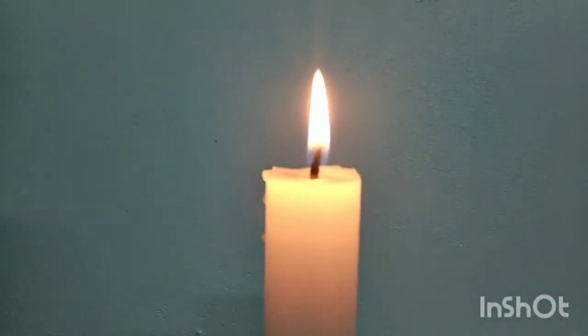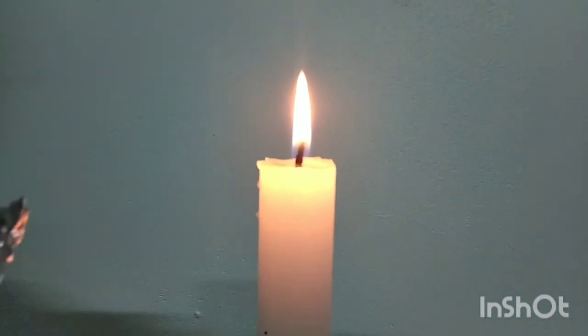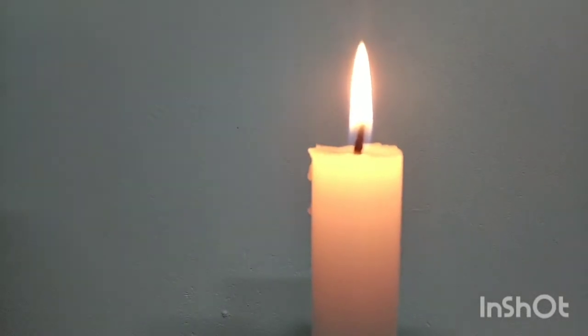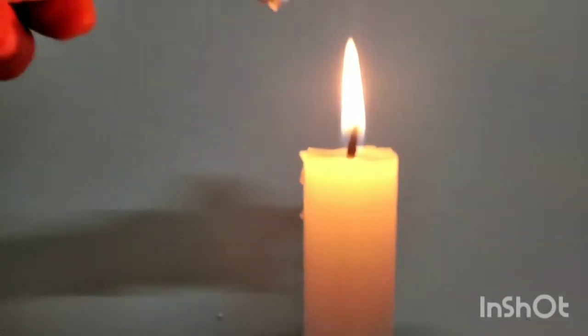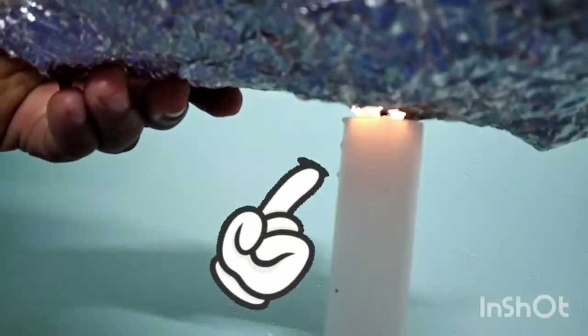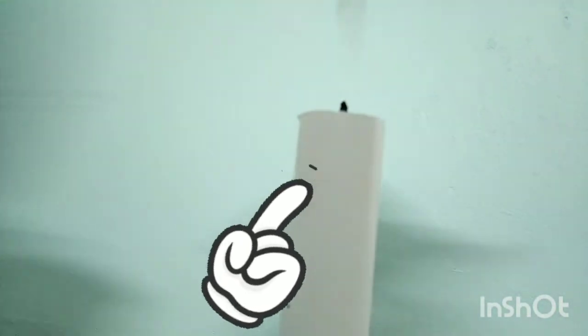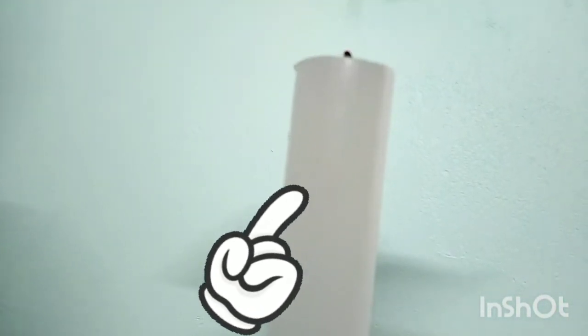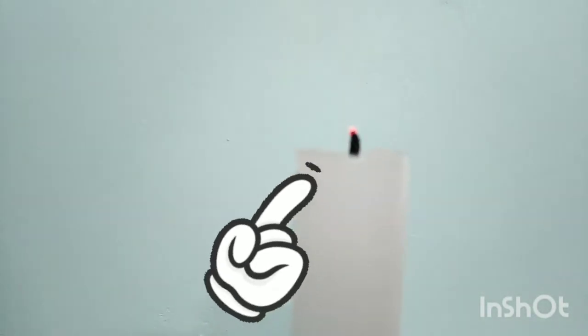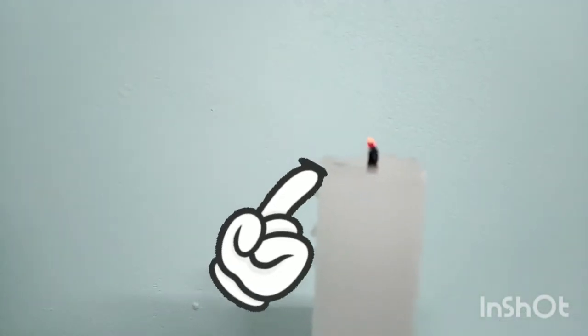Now, method. Cut a piece of aluminium foil and slide it just below the base of the candle flame and above the melted wax. Now what happened here?